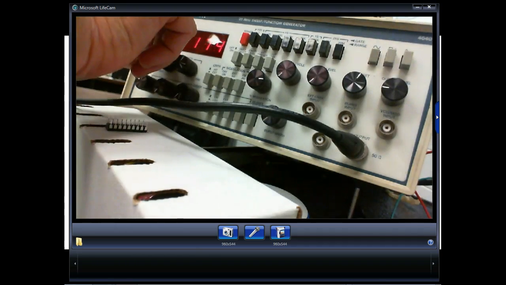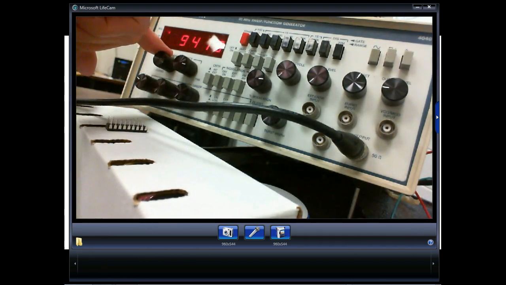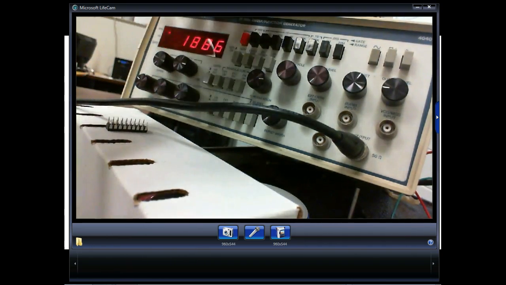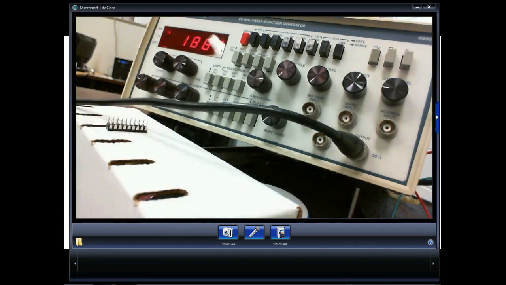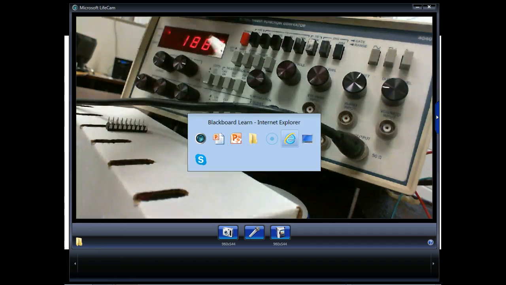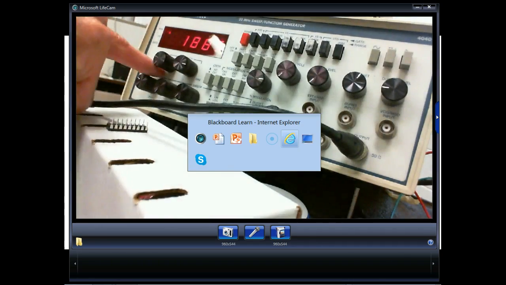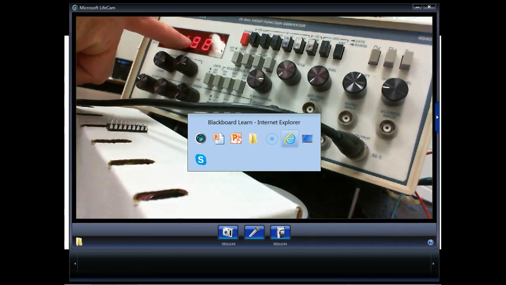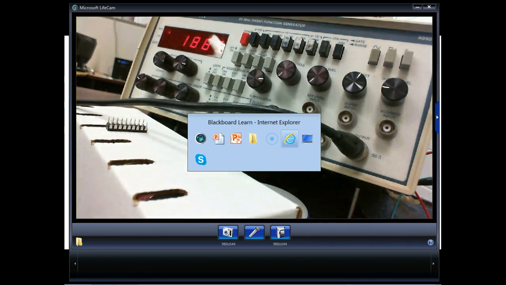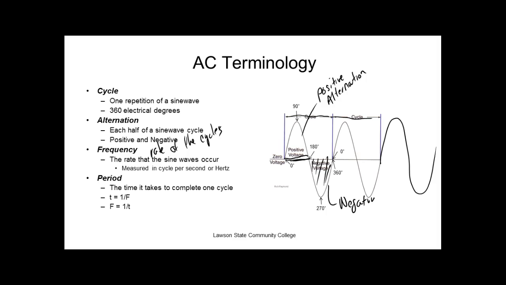So we can't do this with Alabama Power, but since this is electronically generated, not only can I change the frequency, I can also change the amplitude of that frequency. Everybody okay? What's this piece of test equipment? This is called a function generator. But it's actually two: a function generator and also a frequency counter. So not only does it generate the signal, it tells us what frequency it is. And we'll show you how to measure that with an oscilloscope.